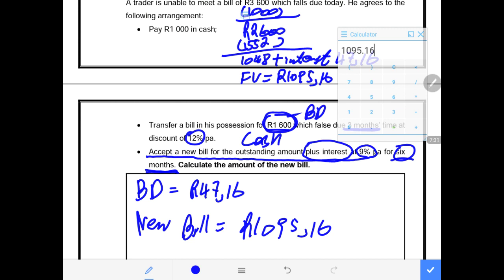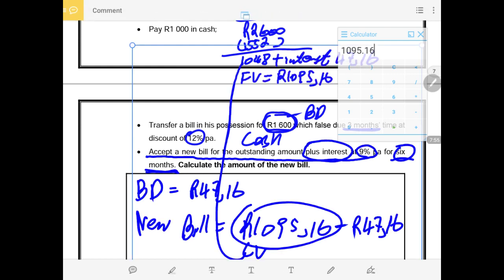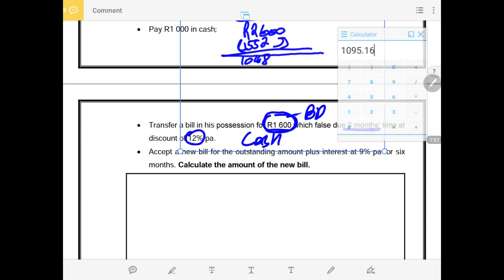When it's discounting, meaning getting cash from the bank, we are going to deduct interest, and our interest is 47 rand 16 cents, so that you get the cash value, which will be equal to the amount that you are owing. So now the face value of the new bill will be 1095 rand 16 cents. Now let us record this in a more formalized approach.